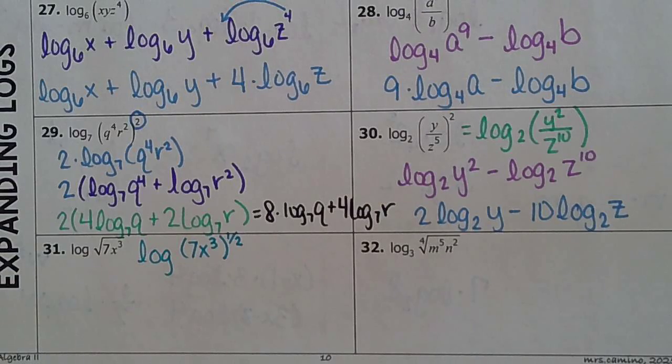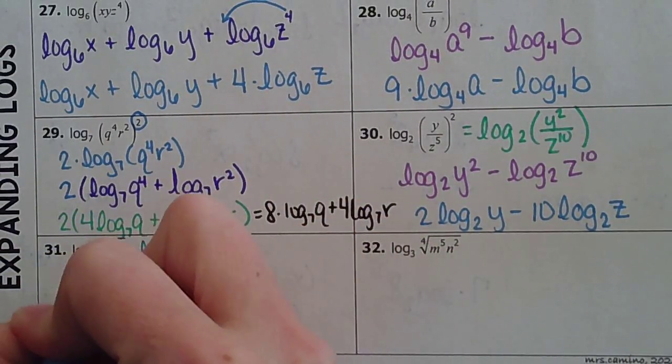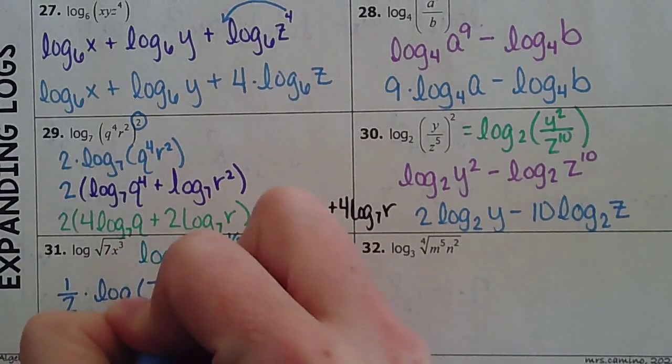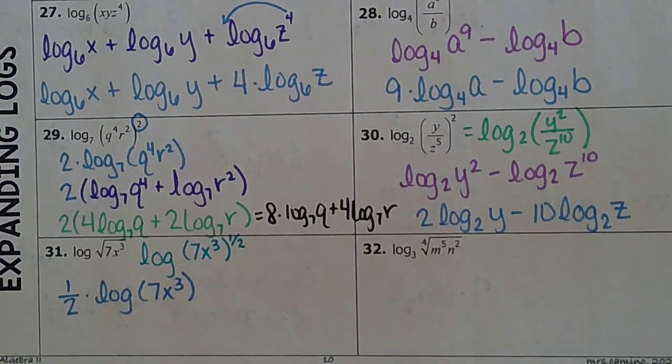Okay, now from here I have options. I could distribute the 1/2 and I could have 7 to the 1/2 and x to the 3/2. Or I can turn it into a coefficient and then do my addition part. That's the part that I want to do because I don't like that 1/2 would be on 7. That is kind of ugly. So I'm going to move my 1/2 out front. And now I'm going to break it into an addition problem.